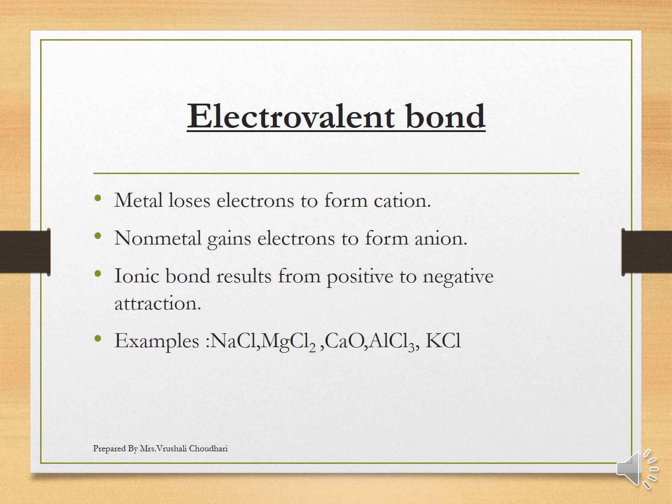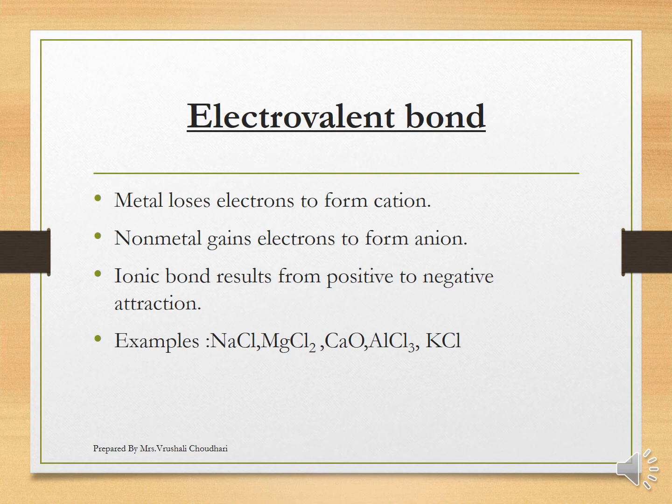Non-metals, gaseous atoms, have 5, 6, or 7 electrons in the outermost orbit. They gain 1, 2, or 3 electrons to complete the octet. As they gain electrons, they form negatively charged anions.